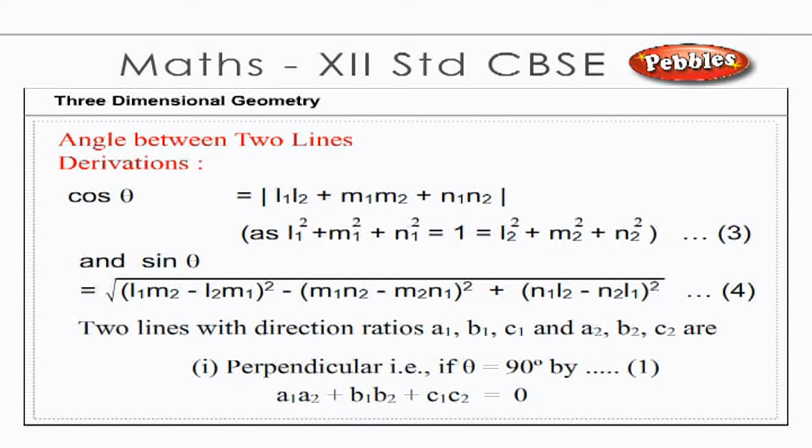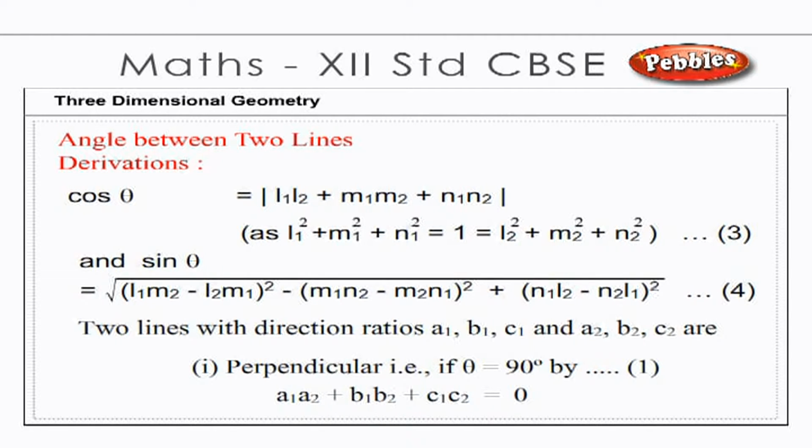Cos theta equal to mod of (l1 l2 plus m1 m2 plus n1 n2), as l1 square plus m1 square plus n1 square equals 1 equals l2 square plus m2 square plus n2 square. Equation 3. And sin theta equal to root of (l1 m2 minus l2 m1) whole square plus (m1 n2 minus m2 n1) whole square plus (n1 l2 minus n2 l1) whole square. Equation 4.